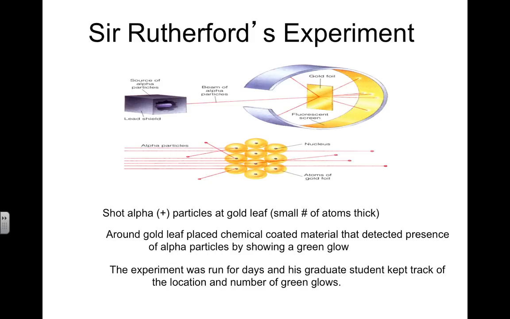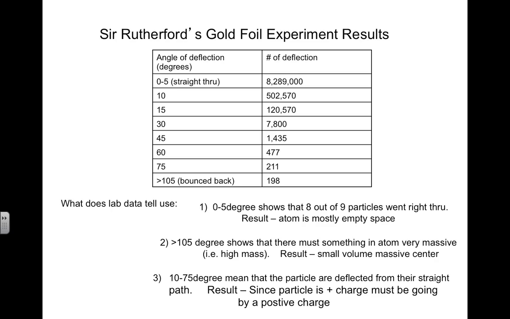So here is one of his results, and the angle of deflection is the angle off of if the particle went straight through. If you drew a line from where the particle came out of the lead box, the reason he used lead is because lead absorbs alpha particles.